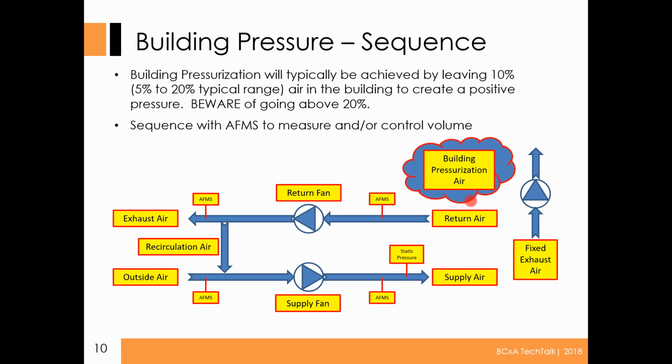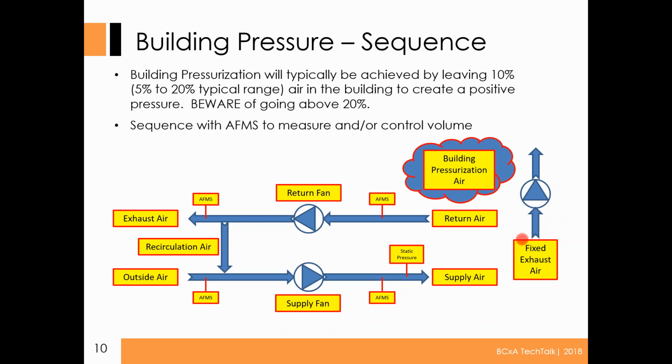A lot of times you're going to find you need to leave 10% of the supply air as a good starting point. So if you have a 20,000 CFM air handler, you're going to leave about 2,000 CFM of air in the building, so your return and exhaust has to take that into account.